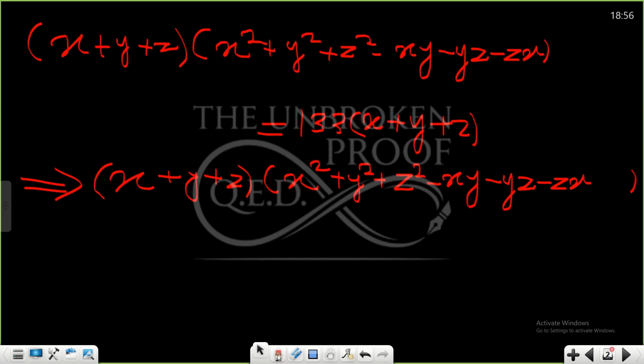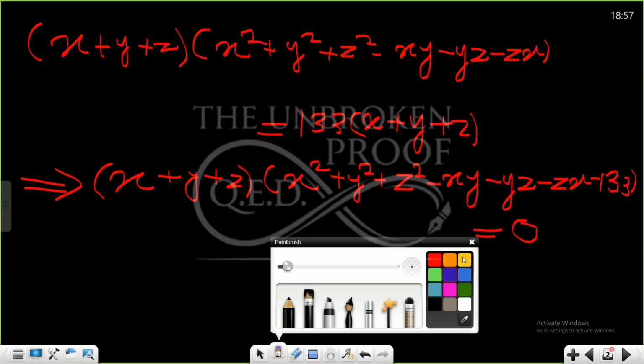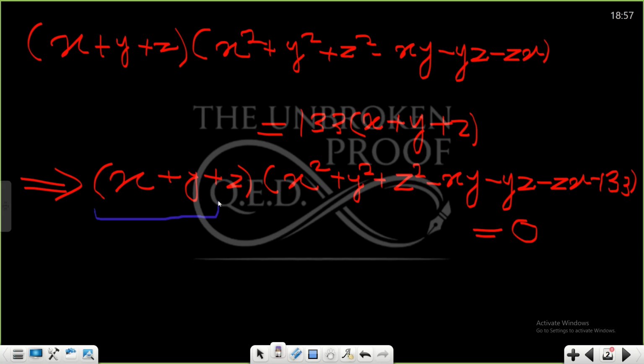So we will have minus 133 as well, and this should be equal to 0, right? Now clearly the product of two terms is becoming 0, so either this term has to be 0, or this term has to be 0, or both can be 0.